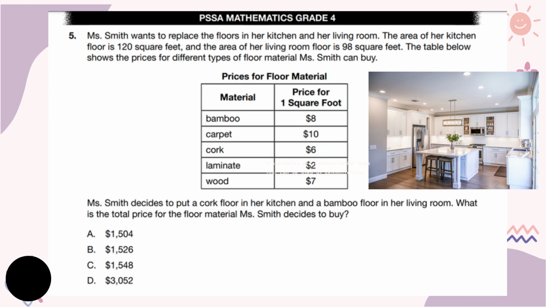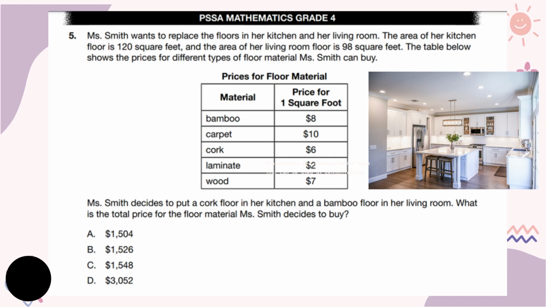The table below shows the prices for different types of floor materials Miss Smith can buy: bamboo, carpet, cork, laminate, wood. Miss Smith decides to put a cork floor in her kitchen and a bamboo floor in her living room. What is the total price for the floor materials Miss Smith decides to buy?